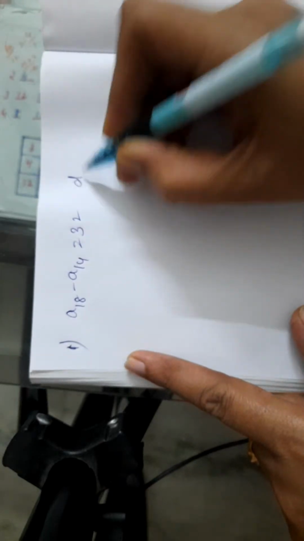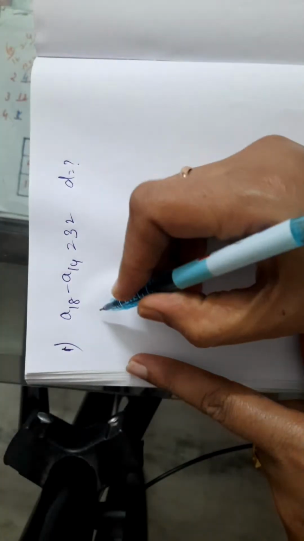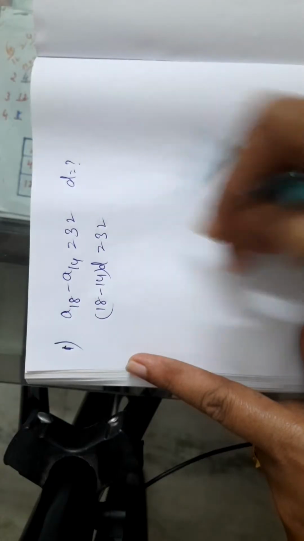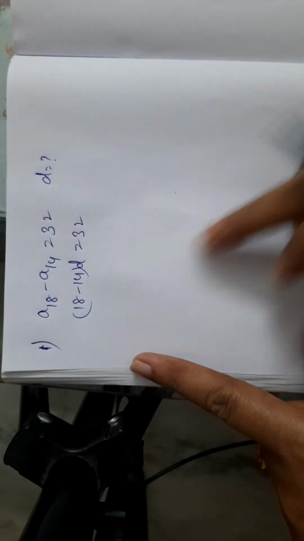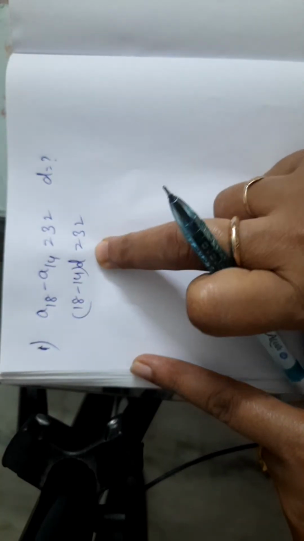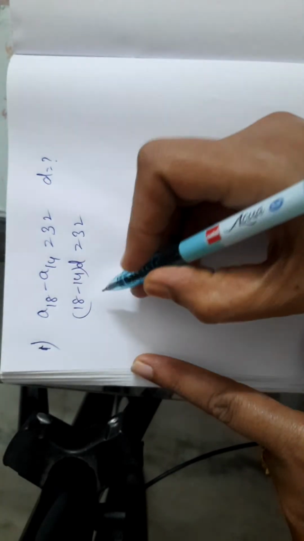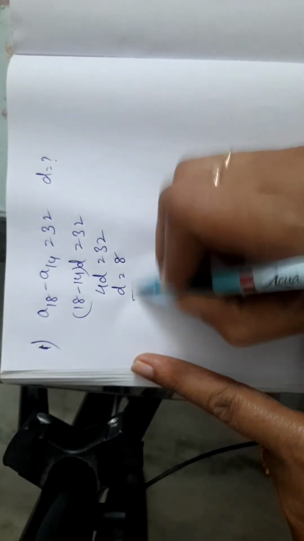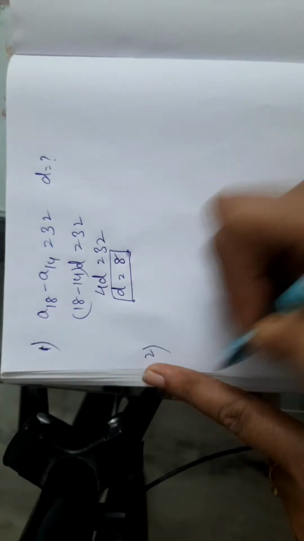We need to find the common difference. For this kind of question, we directly start the solution. A18 minus A14, that is 4D, is 32. As these are MCQs, we need not write any method. Whatever the terms given, subtract them in terms of D equal to 32. 4D is 32, thus D is 8. So this is the first answer.